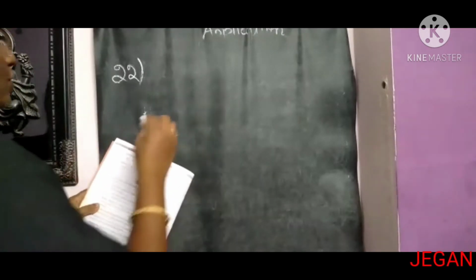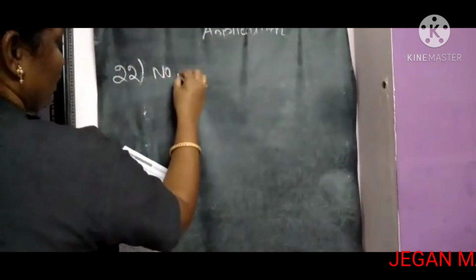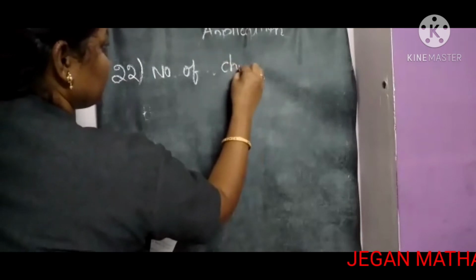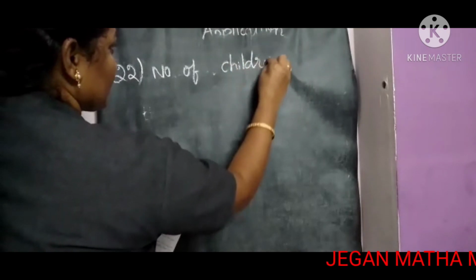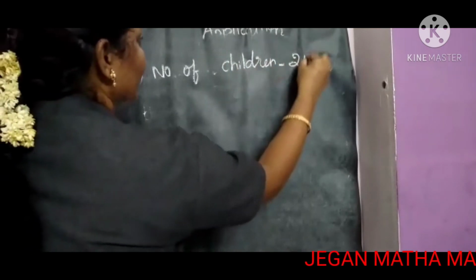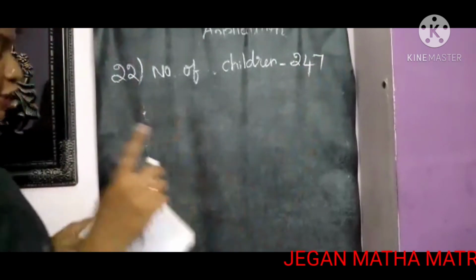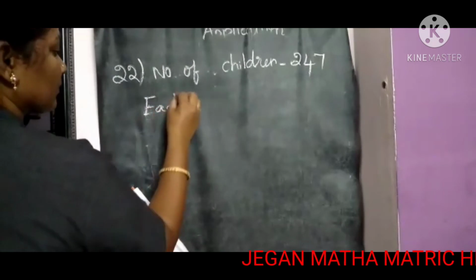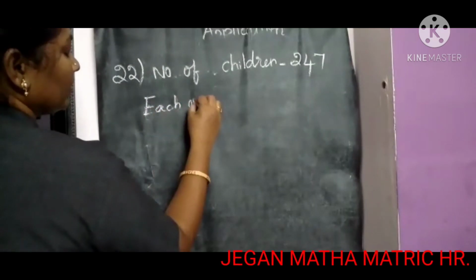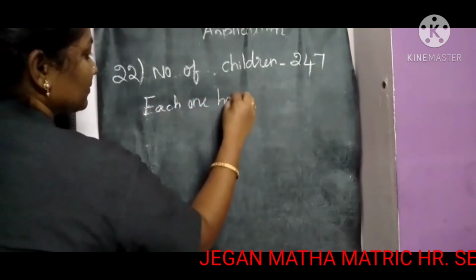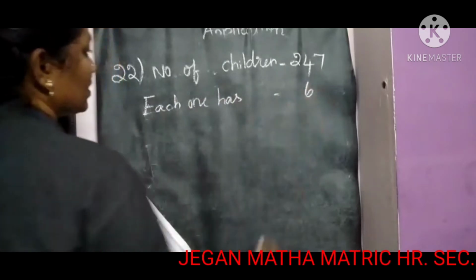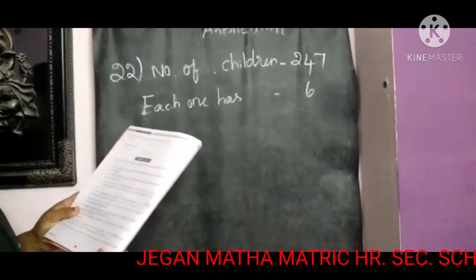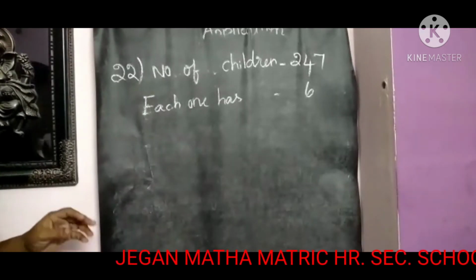So the number of children is 247 and each one has 6 oranges. You want to find out the total number of oranges.